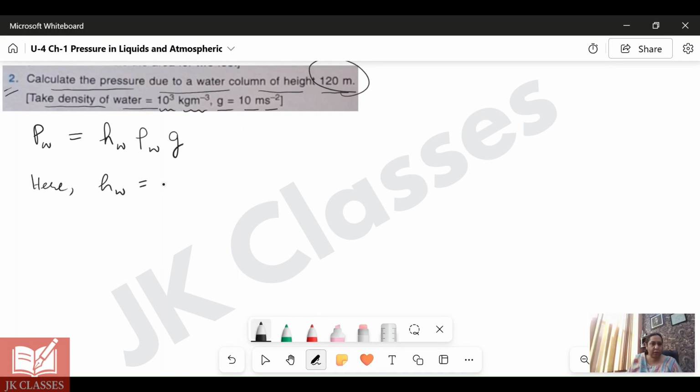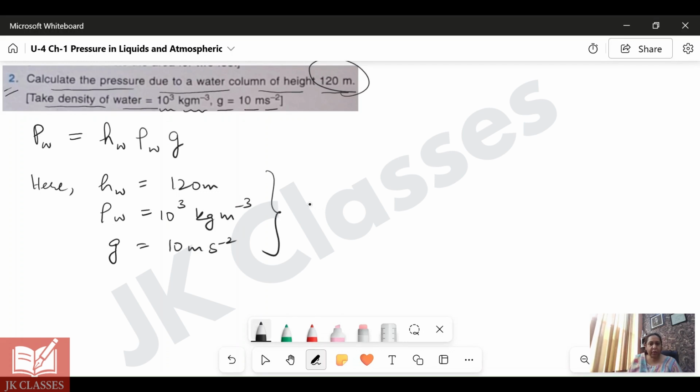So in this case here we have height of water column is 120 meter, density of water is 10 to the power 3 kg per meter cube, and acceleration due to gravity g is 10 meter per second square. Each and every value is in SI units, so we don't need any conversions.